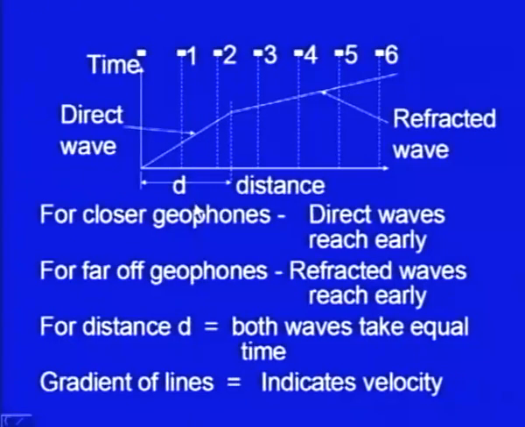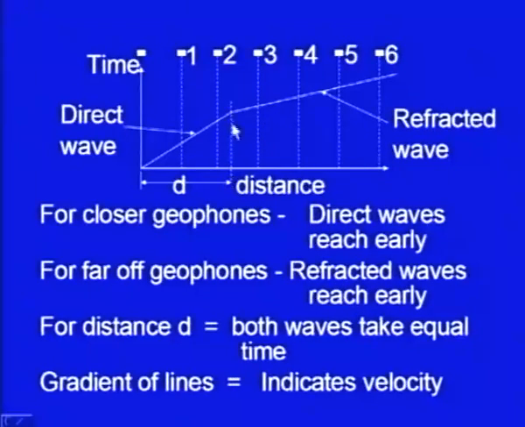As I told you, if a geophone is here, the direct wave will reach first. So this is the time which is recorded. This is also closer, so the direct wave is reaching first. But for these geophones, the refracted waves are reaching early.